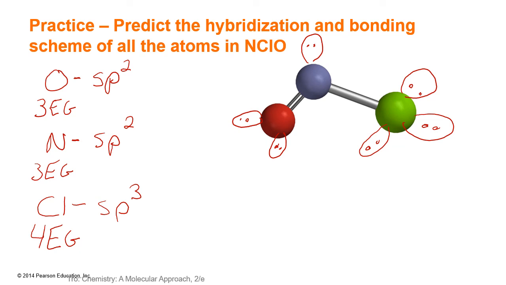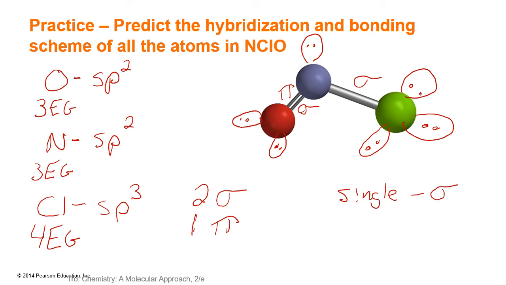Now if we look at our bonding scheme, we have a single bond and a double bond. So the first bond in the double is going to be a sigma. The second bond is going to be a pi. So in this case, we have 2 sigma bonds and 1 pi bond. It is always the case that single bonds are sigmas.